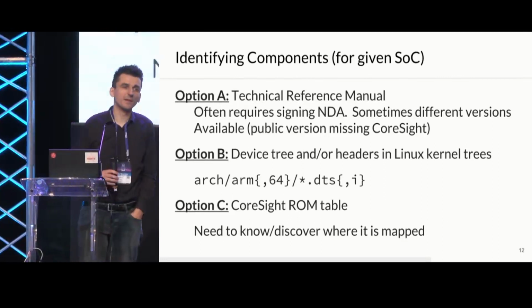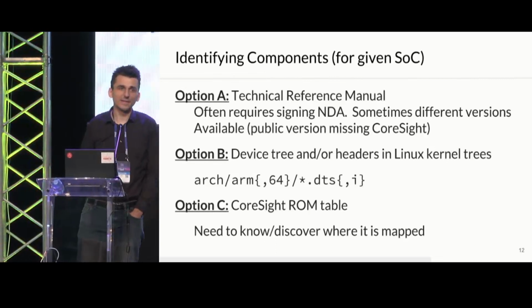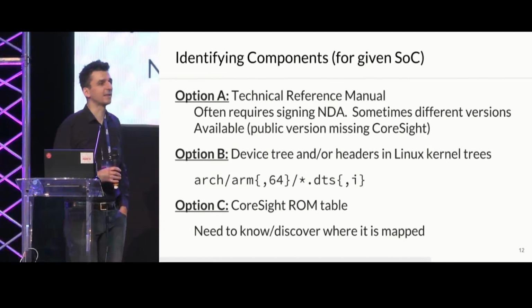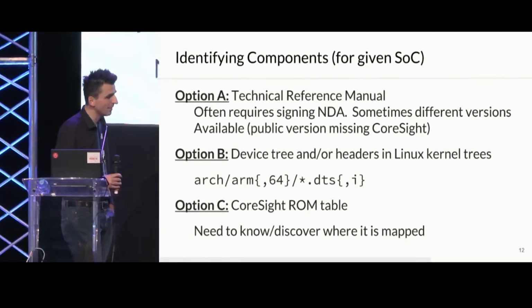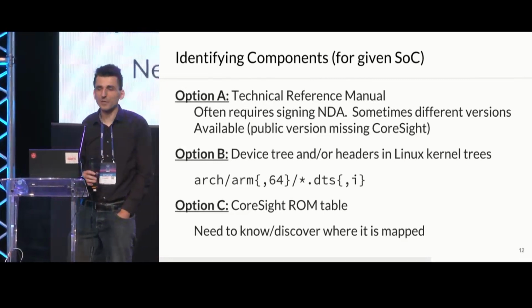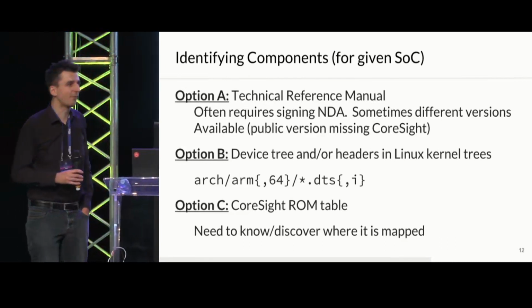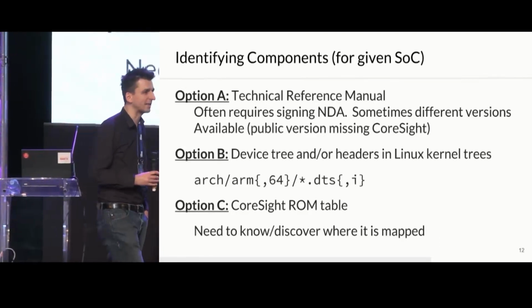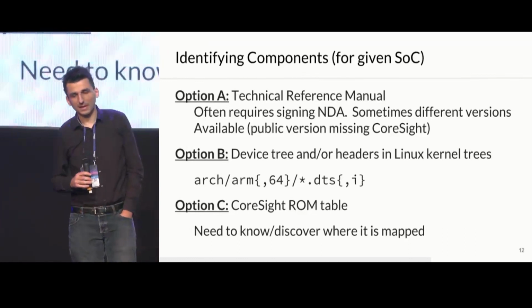Option number B, your SoC is supported by Linux, and the vendor or someone else was so helpful and has added the components to the device tree. This unfortunately is not very often the case. So in mainline Linux, I think except for development boards, the only example that you'll see is for a very low-end Chinese mobile SoC.